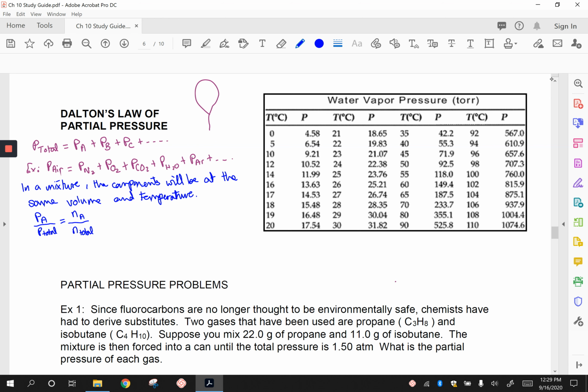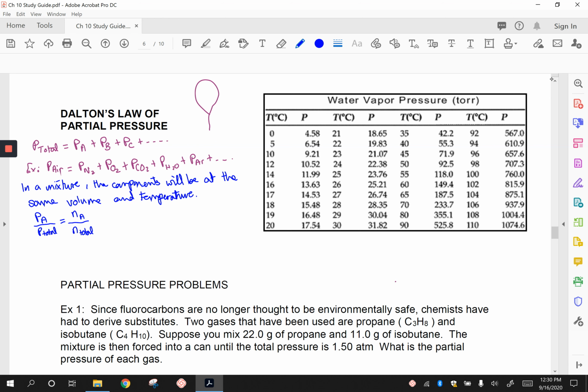Kind of like P1 over N1 equals P2 over N2, 1 being component A and 2 being the total. So we can look at this relationship here, a direct relationship between the pressure and the moles.